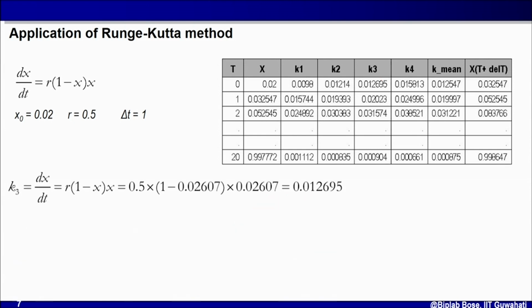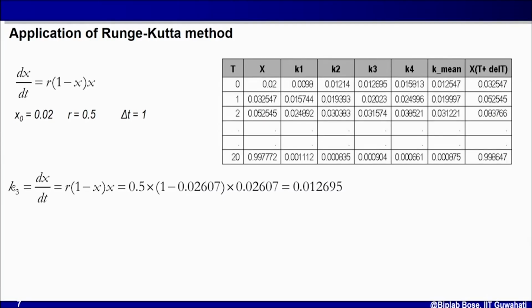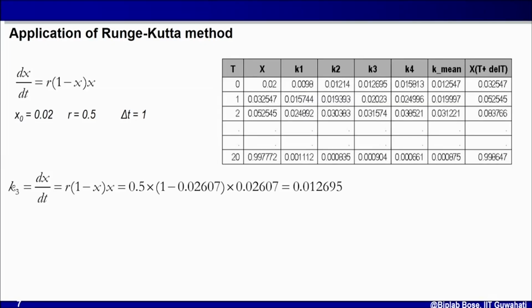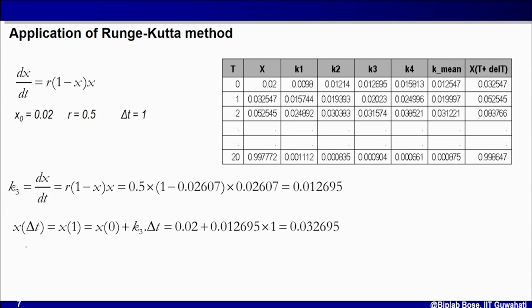So I have got the values of k1, k2, k3. Now I have to estimate the value of k4 using the value of k3. Using k3, I draw a line at t equal to 0 and extrapolate it up to delta t. So the value of x at delta t, that is x at 1, is equal to x at 0 plus k3 into delta t.